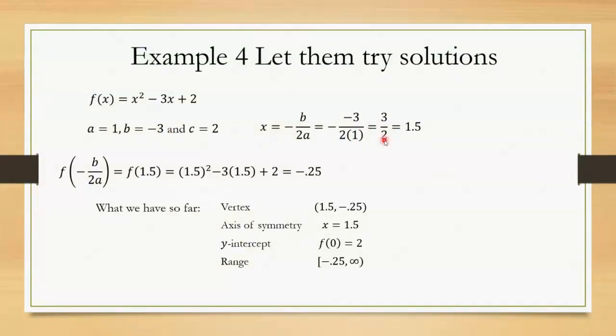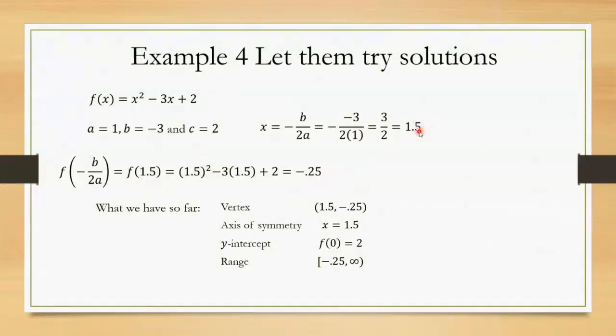So in this case, we would get 3/2. Now, personally, I would just write it as a decimal. You could leave it as a fraction if you want, but don't forget you have to find the y coordinate by plugging it into the function. You could just use a calculator also if you want.